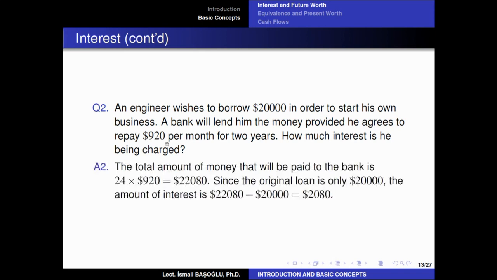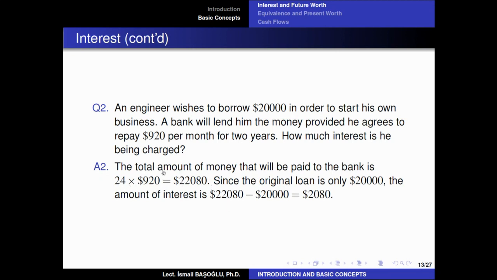If the engineer is going to borrow $20,000, at the end of 2 years he is not just going to pay this $20,000 back, plus he is going to pay 24 times 920, and that is going to be equal to $22,080.